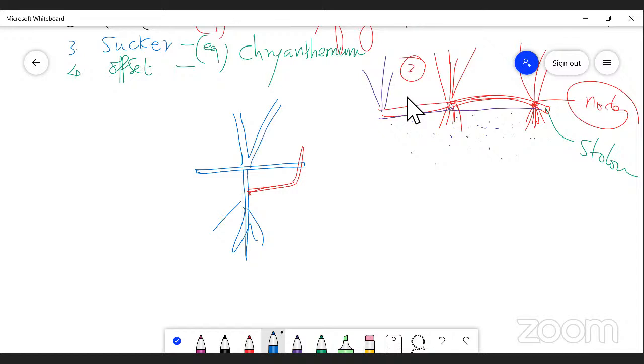So this lateral growth of the stem, which is modified just below the soil, again grows to form a leaf-like structure. This is called a sucker.